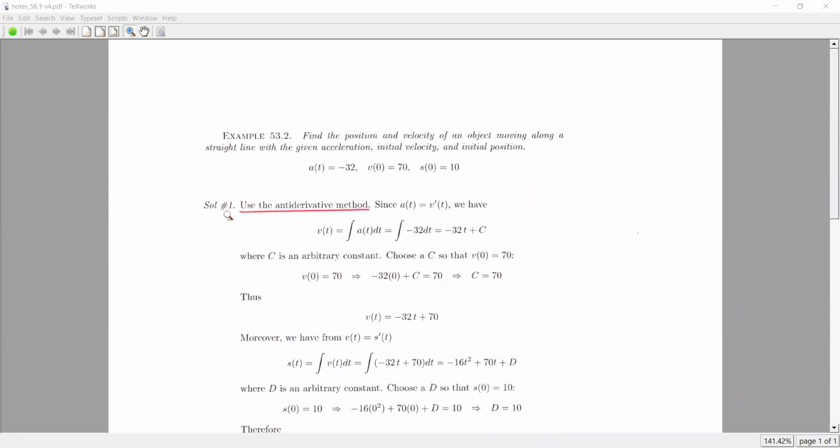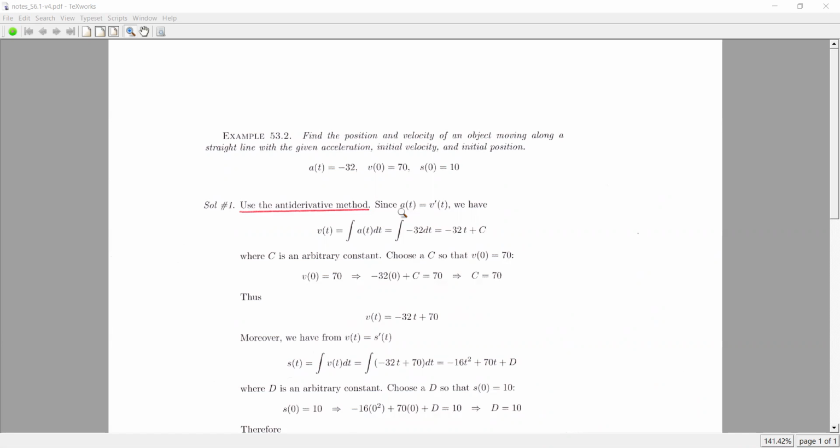I have two solutions to solve the problem. In solution 1, I use the antiderivative method to recover the position function and the velocity function of the moving object.